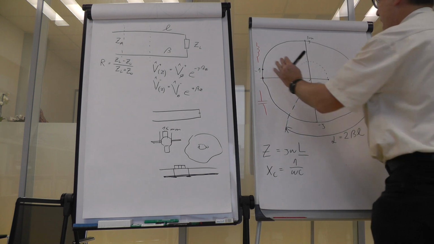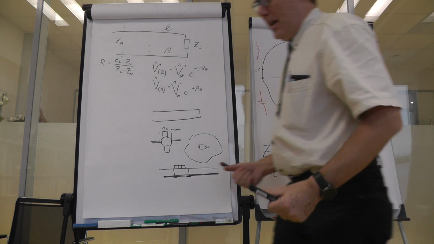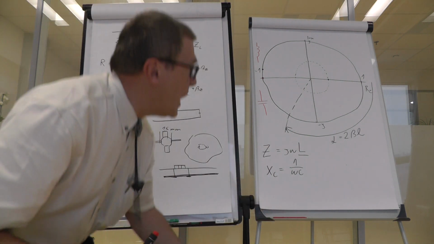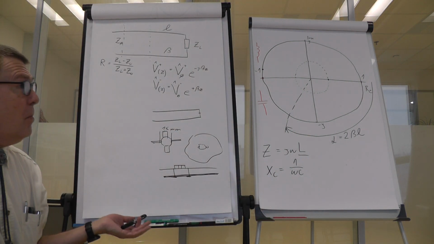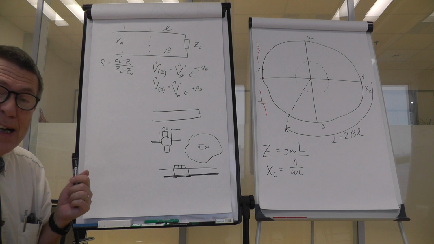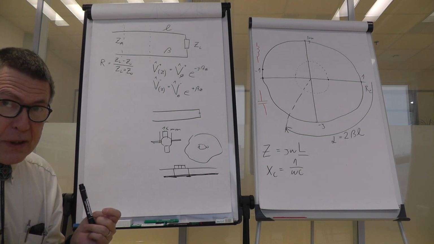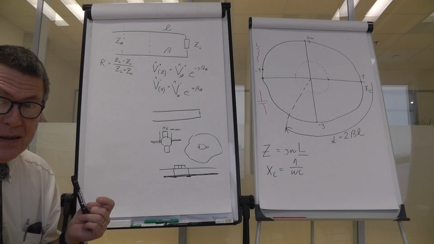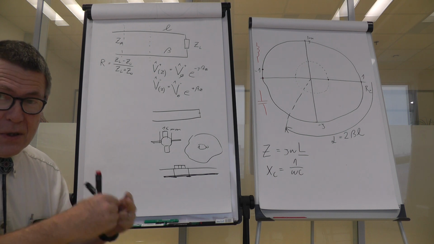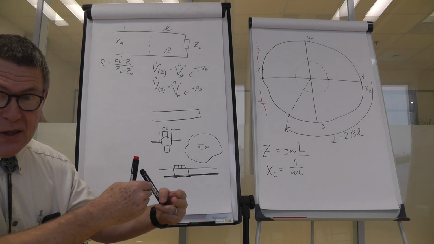Now we have this chart, and we could easily plot any reflection we wish. But there is another question, and this question is very important to understand. We are slowly arriving at the Smith chart.